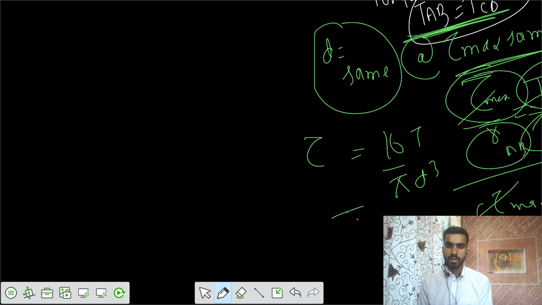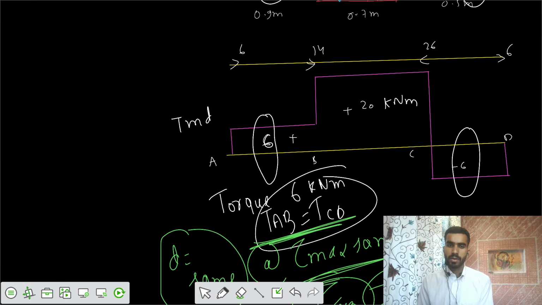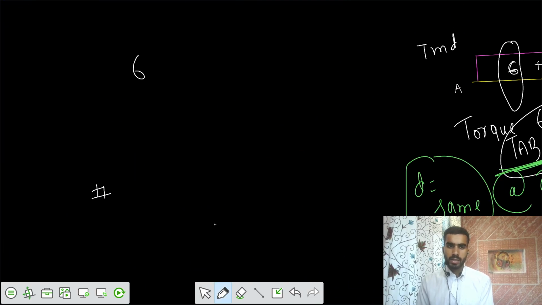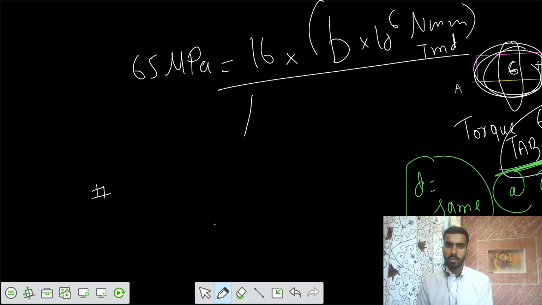Let's solve for the first one. Tau max is equal to 65 megapascal. So 65 megapascal equals 16 times the torque value of 6 kilonewton meter, that's 6 times 10 to the power 6 newton millimeter, upon pi d cube, in millimeter cube.